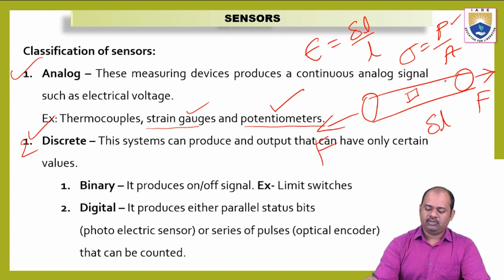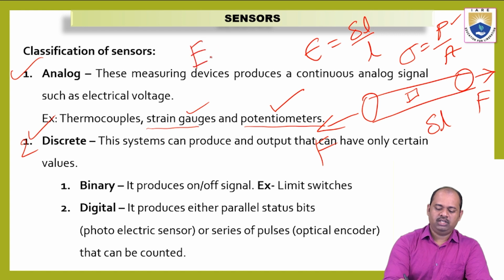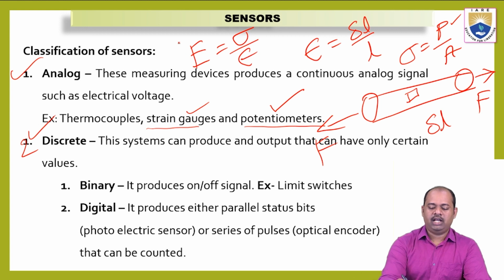So this stress, with the help of deformation, in turn with the help of strain, we can calculate the stress value. Now we have a relation: Young's modulus E is equal to stress by strain, stress divided by strain. Here we have a standard Young's modulus value, which is capital E. It is the property of any metallic rod depending on the metal.